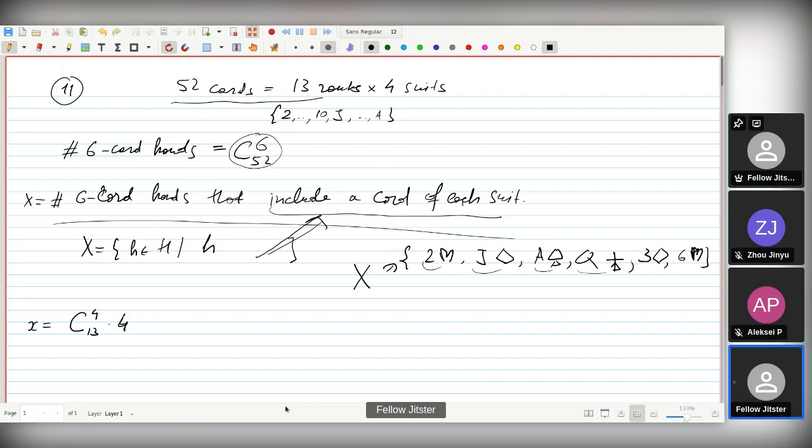The first choice corresponds to heart, the second corresponds to diamond, and so on. But excuse me, are you going to choose 4 hearts? You need just one, maybe. Sorry, it's my mistake. Yeah, one.